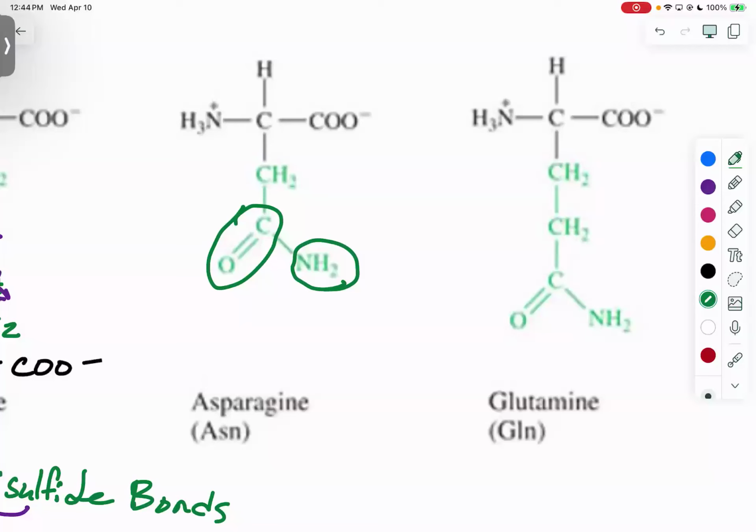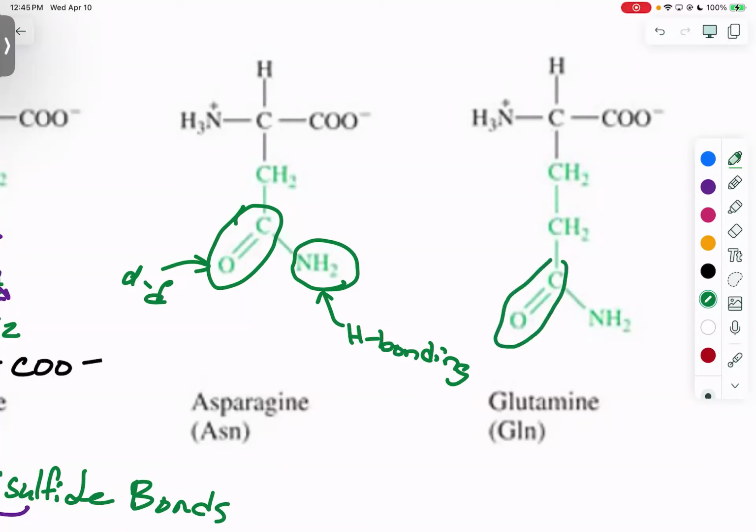So do you think those would want to interact with water very much? Sure, this could have hydrogen bonding, right? Then the oxygen could have dipole-dipole interactions with water. So very, very hydrophilic.